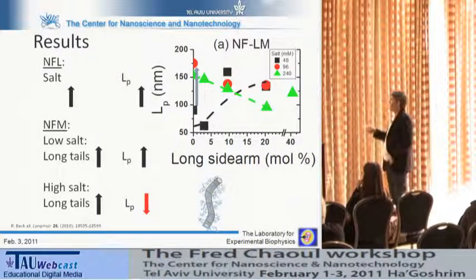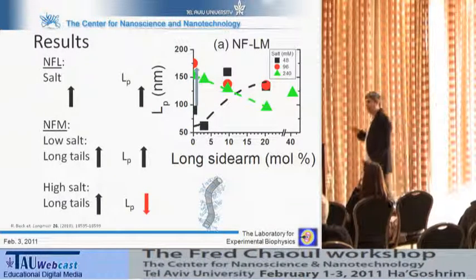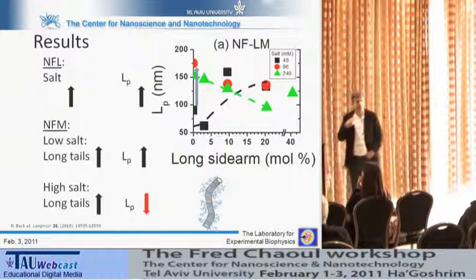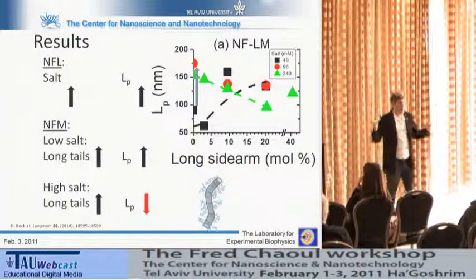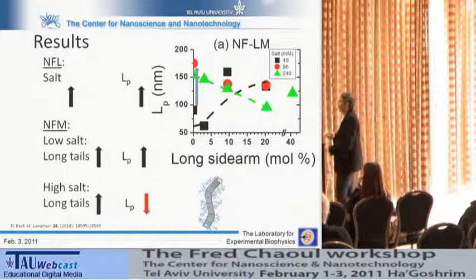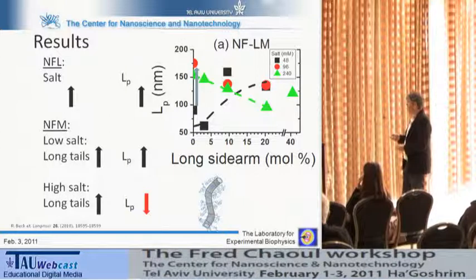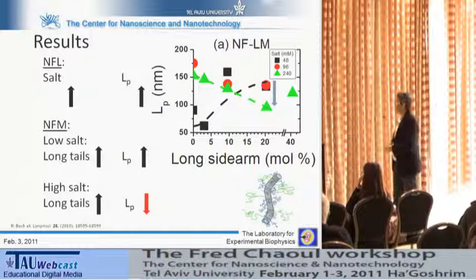If you just go for low, as you increase the salt, remember, the filament now sees more electrostatic screening, and you would expect it to be more flexible, right? It goes the other way around. If you do it at a high molar ratio of the salt, it goes the other way around from just low.